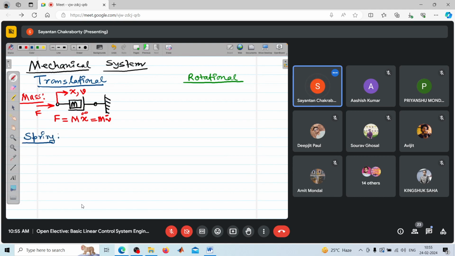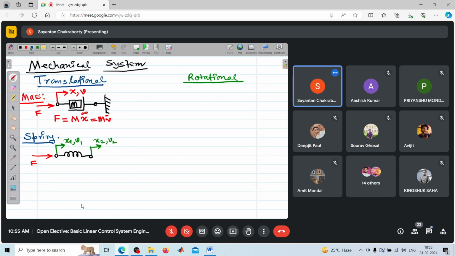Similarly, let us consider the second element, a spring element. I'm applying a force F over here. There will be two sets of displacement. Say this end has a displacement x1 with velocity v1, and this end has a displacement x2 with velocity v2.